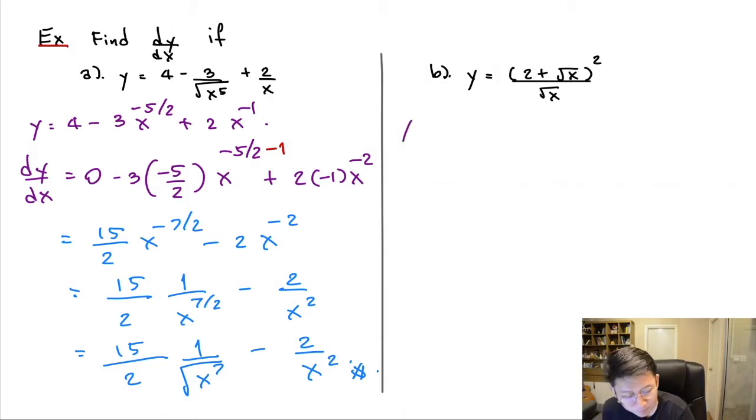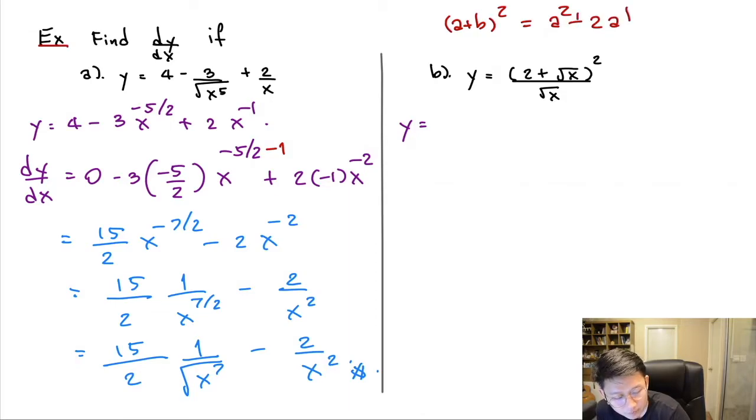Y is, so here, if you remember the formula, a plus b squared is a squared plus 2ab plus b squared. So you look at this as a and this is b. So you have y, which is a squared is 4, plus 2, a is 2, b is square root of x, plus b squared, which is x, divided by square root of x.